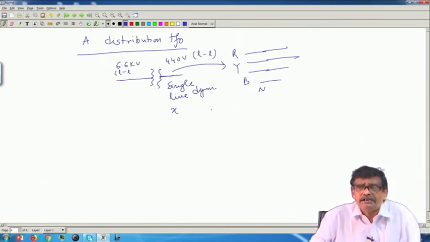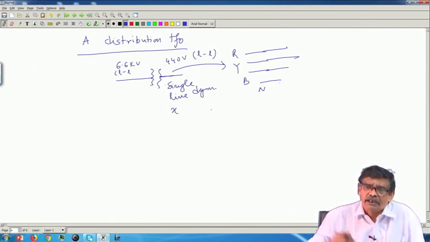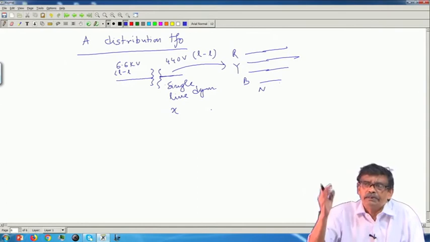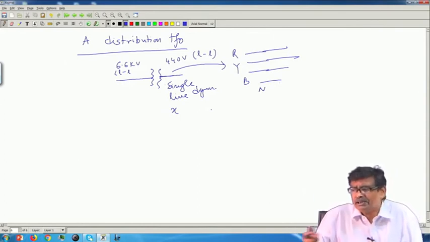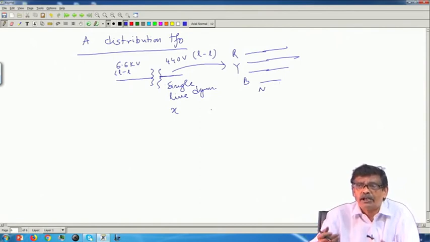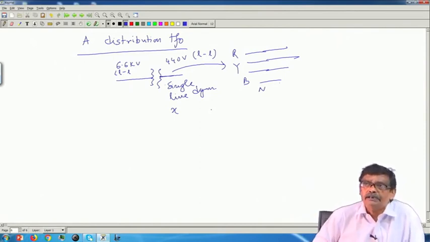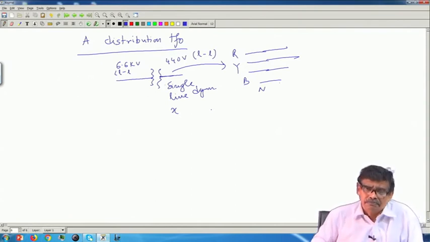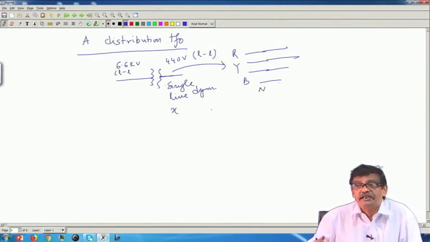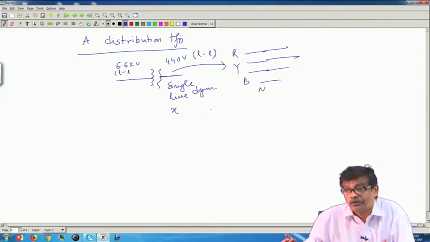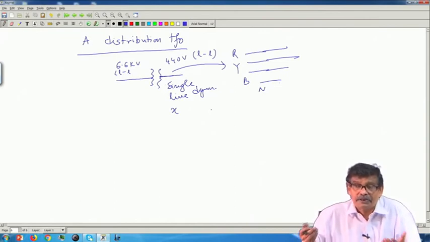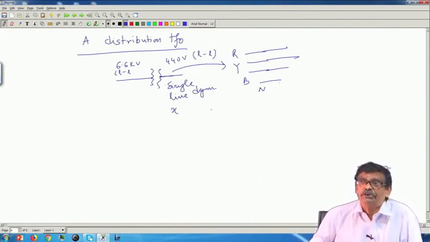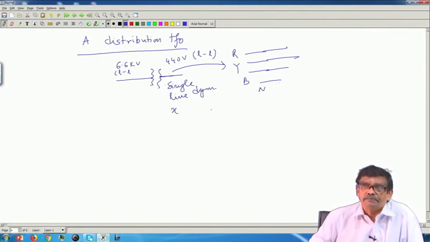Sometimes it is a very light load condition, almost no load, sometimes full load, evening peak and so on, but at some other time it is a medium degree of loading, maybe x equal to 0.3 or 0.4. Therefore, asking for efficiency to be maximum at x equal to 1, that is at full load condition, will not be a very judicious demand at the time of ordering the transformer. Maybe x equal to 0.6 will be a good thing.